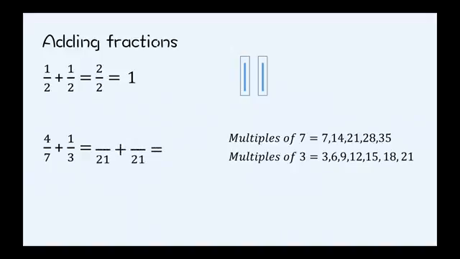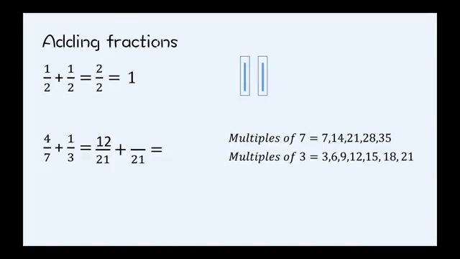So we can put 21 on the bottom. Alright, now what goes on the top? In the first example of 4/7, the 7 on the bottom became 21. So that means we multiplied it by 3. So in order to keep the fraction the same, we need to multiply the numerator, the number on the top, by 3 also. 4 by 3 is 12.